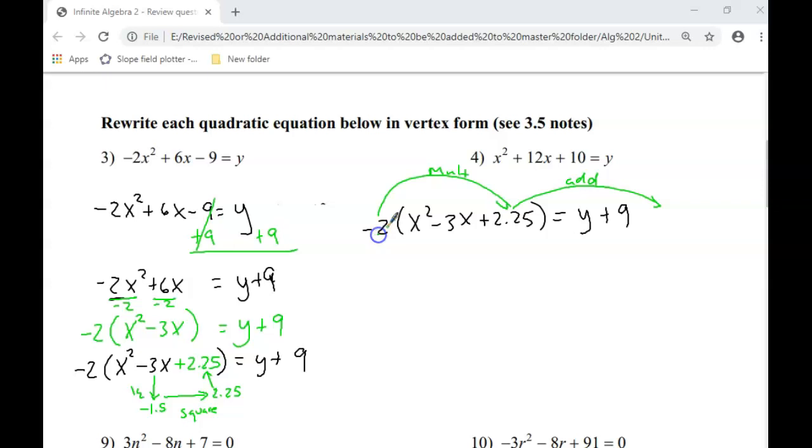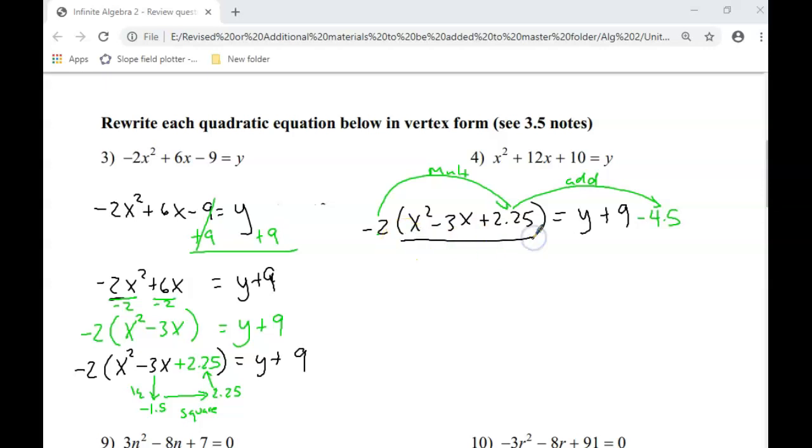So negative 2 times 2.25, that's going to be negative 4.5, I believe. And what that does is that balances the equation. I added a number over here, but you have to add it to the other side if you want your equation to stay balanced. The next thing that you're going to do is you're going to factor this trinomial.